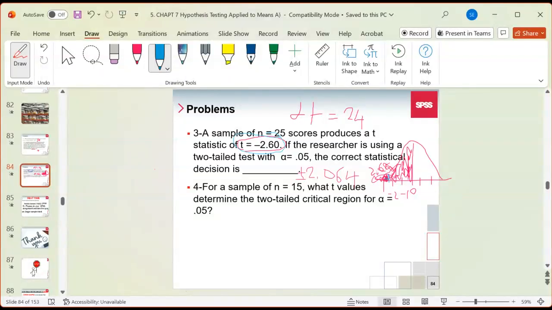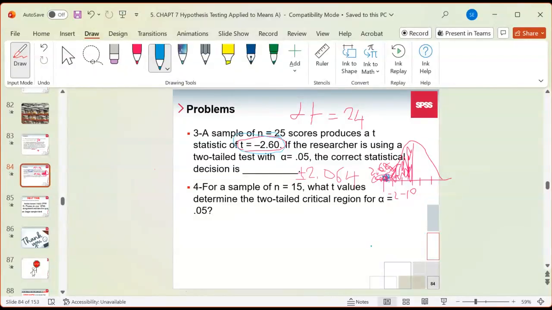The critical region starts at 2.06, but our calculated t is greater.